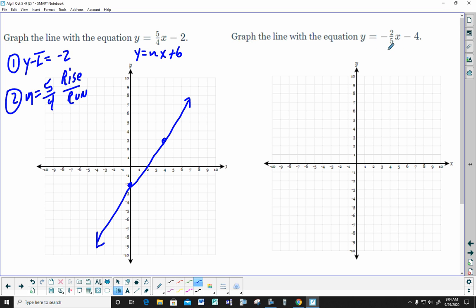Graphing this one, your slope is -5/4, and your y-intercept is -4. So again, the first thing that you do is the y-intercept. So that's -4. So you go to -4 and you put a dot. And then the second thing you do is your slope, which is -5/4. Now we need to talk about that a bit when it's negative.